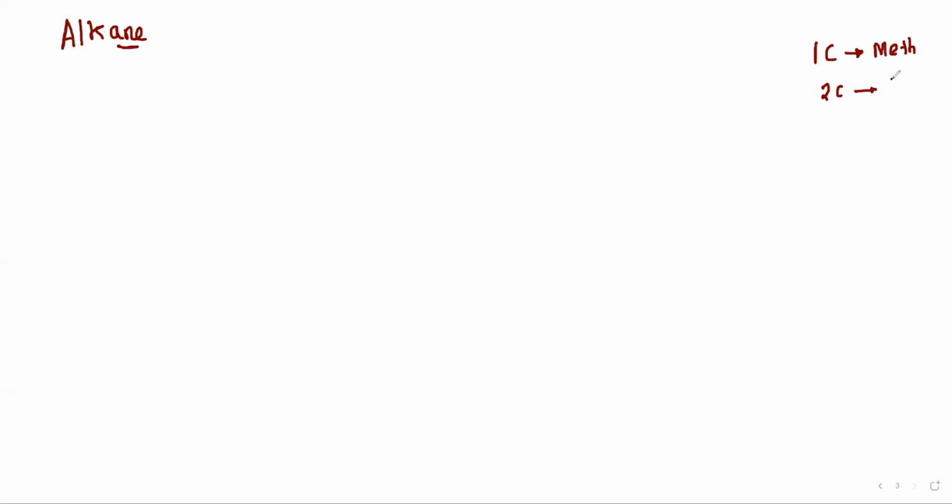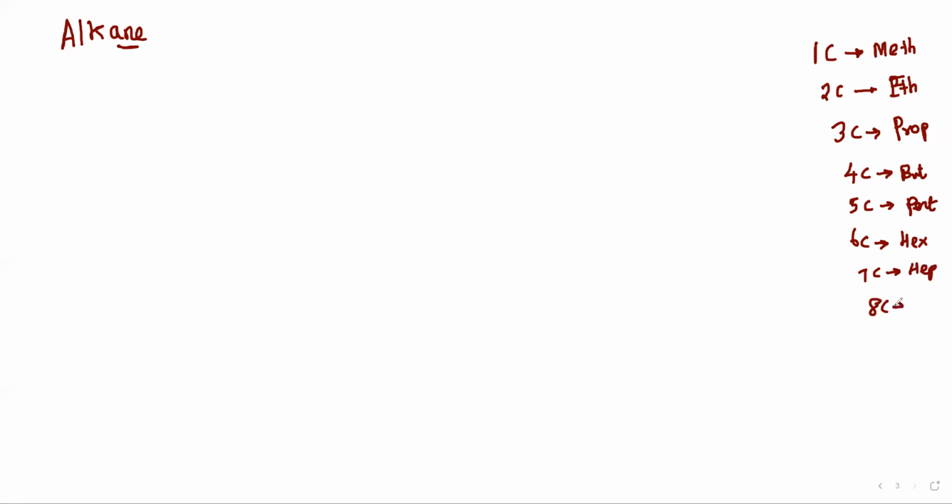For two carbons it is eth. For 3 carbons, it is prop. 4 carbons, it is but. 5 carbons, it will be pent, pentane. 6 means hex. 7 carbons means hept. 8 carbons means oct. And 9, 10 are also there, but up to 8 is enough for us.